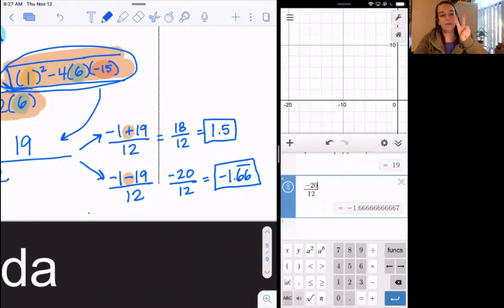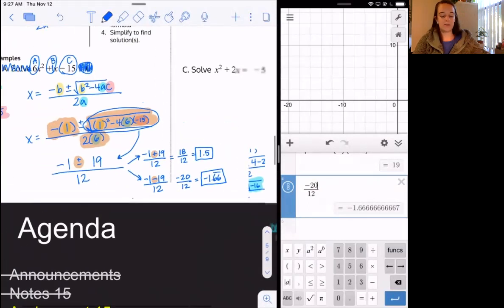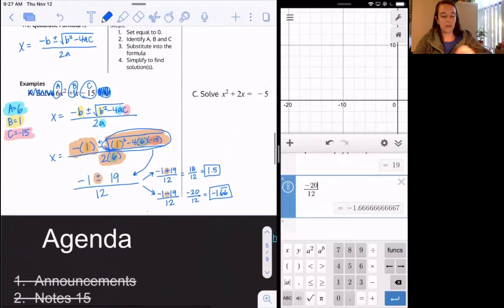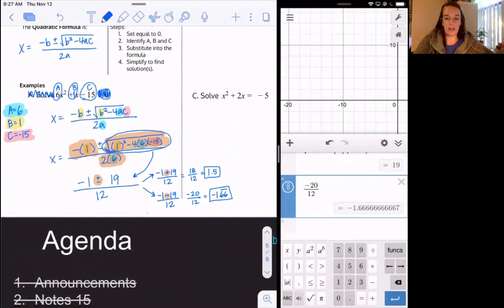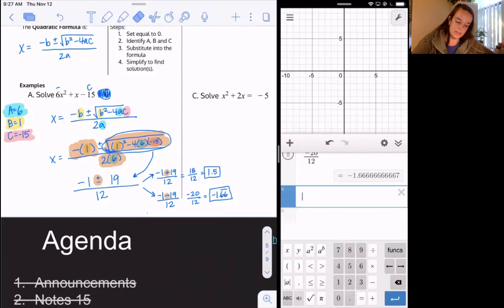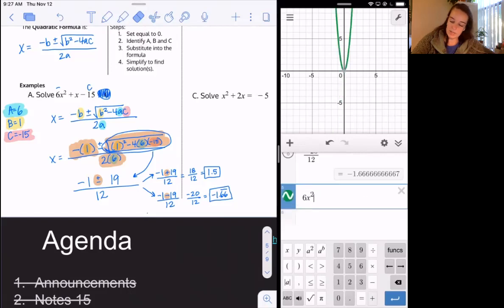All right, so those are my two solutions. And if I want to check, there were a lot of processes. And remember, Ms. Mack told us that we might get these wrong, right? We want to double check our answers. What we can do is go back to the original equation here, and we can type that original equation into Desmos. So I'm going to type in 6x squared plus x minus 15.